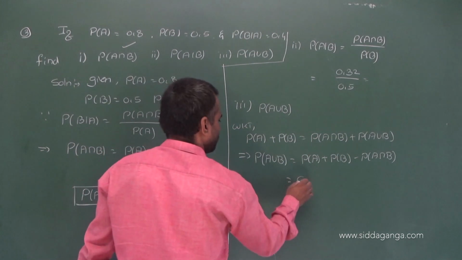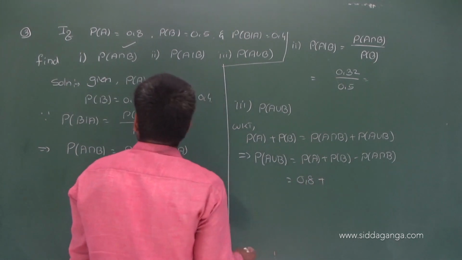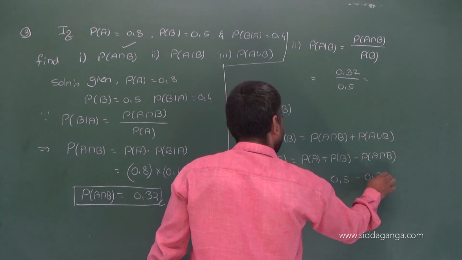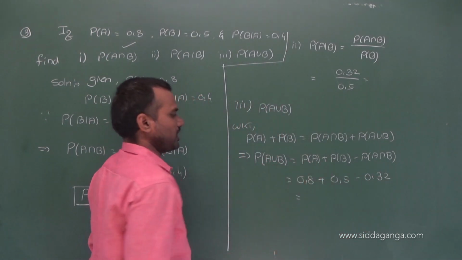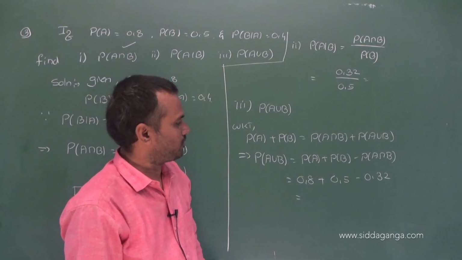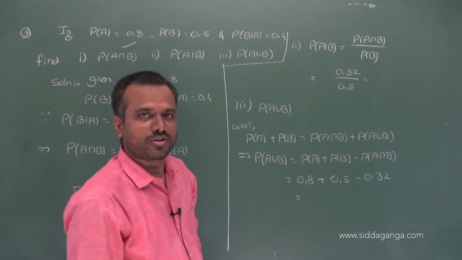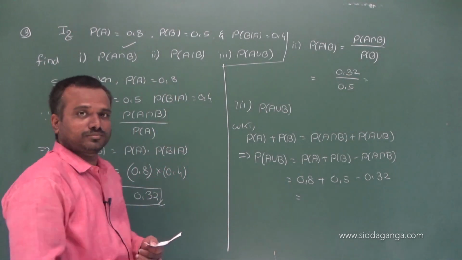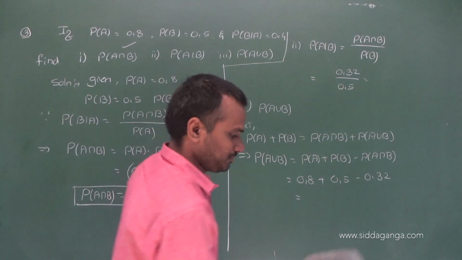P of A is 0.8 plus P of B is 0.5 minus 0.32. Calculate and write down the answer. That I leave to you. Add and subtract, and write down the final answer. This is the third problem. We will go for the next problem.